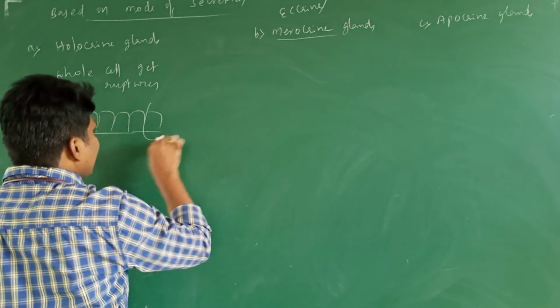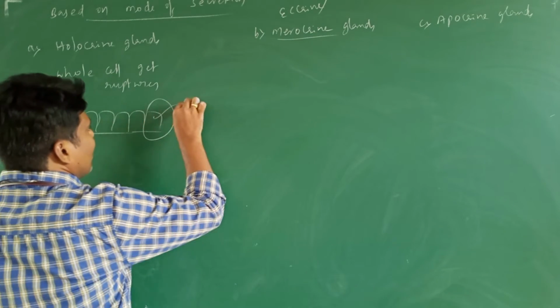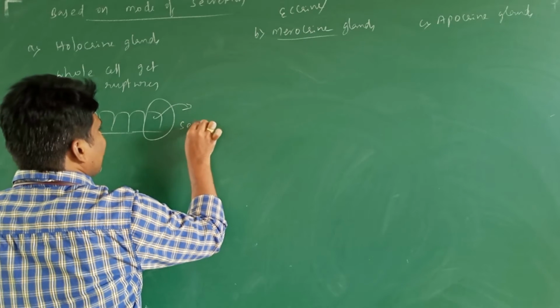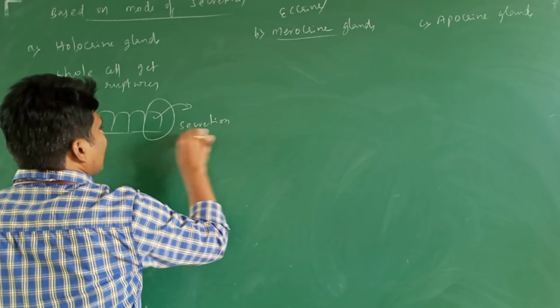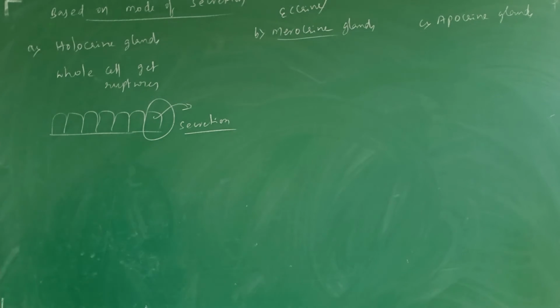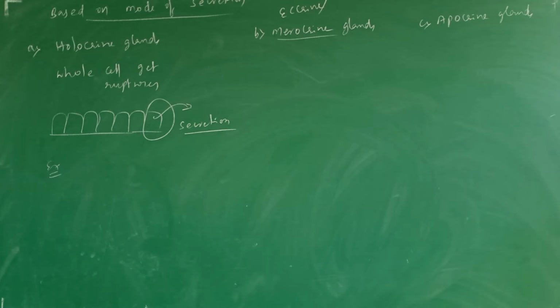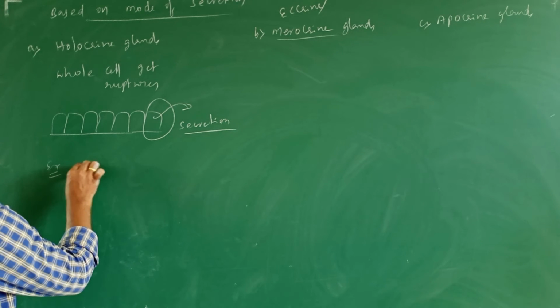In this, the entire cell gets ruptured and secretion takes place. The entire cell ruptures, and whatever content is present inside the cell is secreted. So an example of holocrine glands we can observe is oil glands.